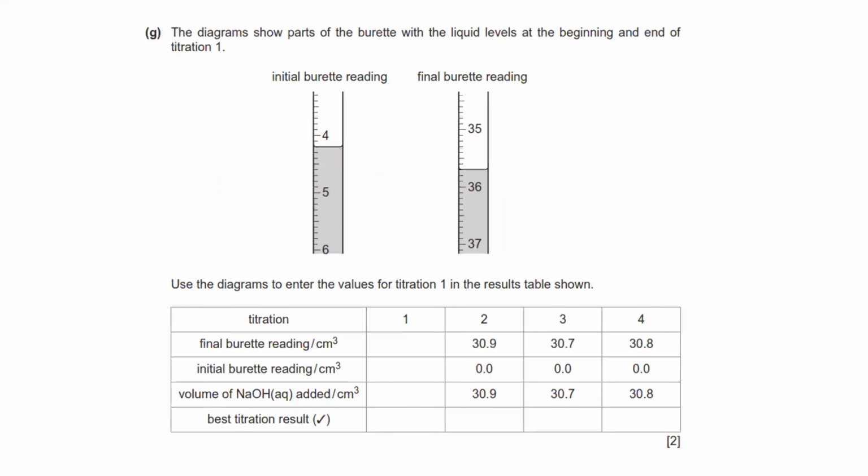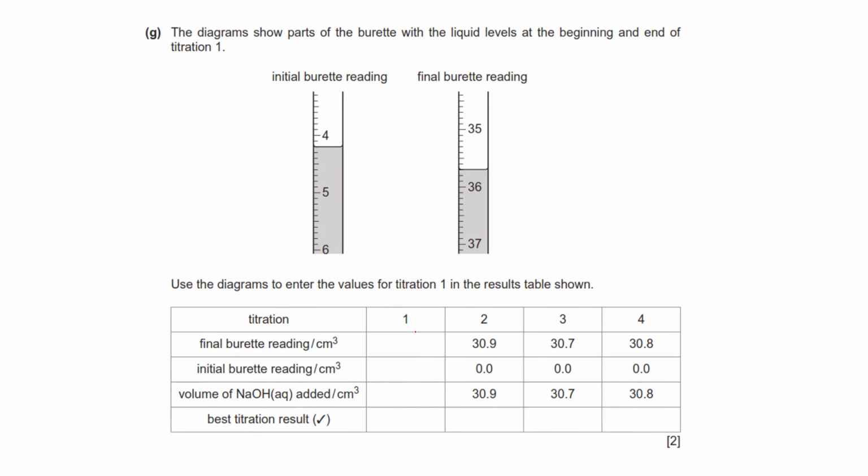Then part G, it says the diagram shows part of burette with liquid levels at the beginning and end of titration 1. Okay, so use the diagrams to enter values of titration 1 in the results table shown.